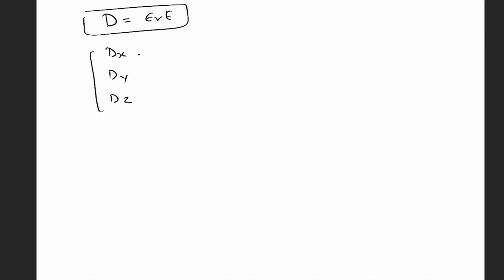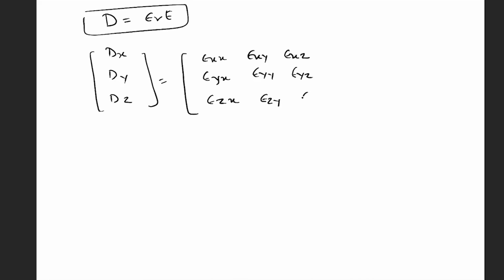This epsilon r, or the dielectric constant, will be a function of direction, and we can write the equation D is equal to epsilon r E in some kind of matrix form, where I can write the x direction, the y direction and the z direction D as epsilon xx, epsilon xy, epsilon xz, epsilon yx, epsilon yy, epsilon yz, epsilon zx, epsilon zy, epsilon zz, times Ex, Ey, Ez.